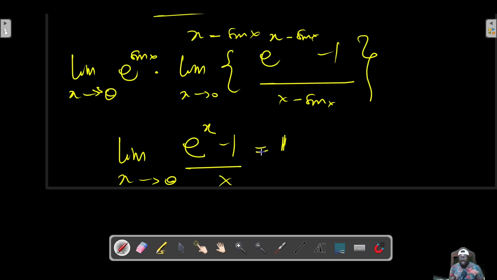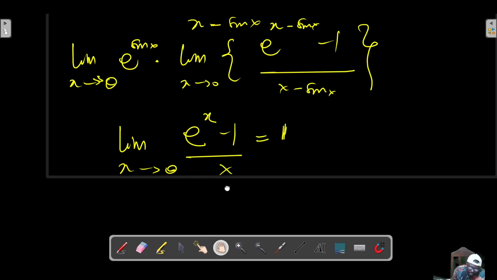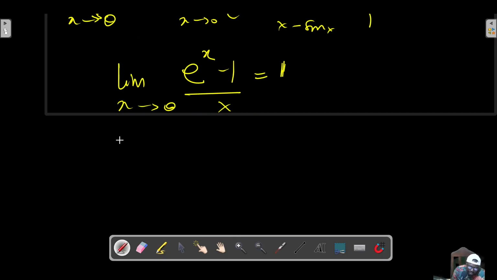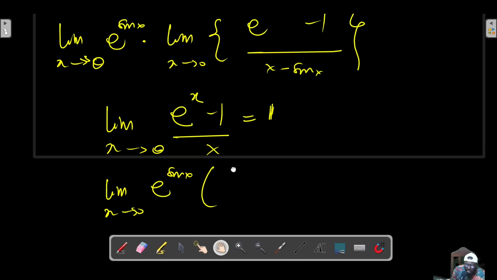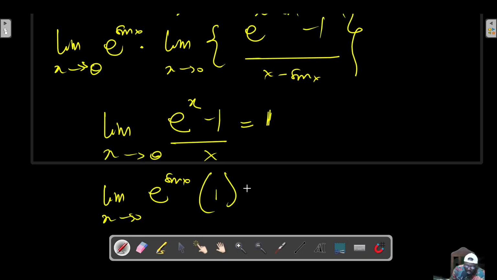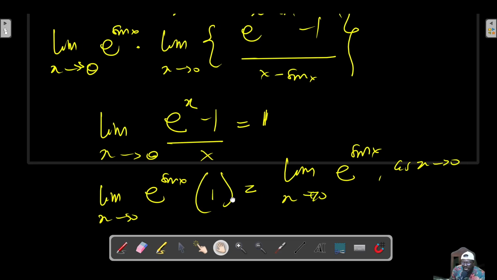So I can say that the limit as x approaches 0 of e raised to the power sine x, multiplying 1, we end up with the limit as x approaches 0 of e raised to the power sine x. But as x approaches 0, what will the limit be?